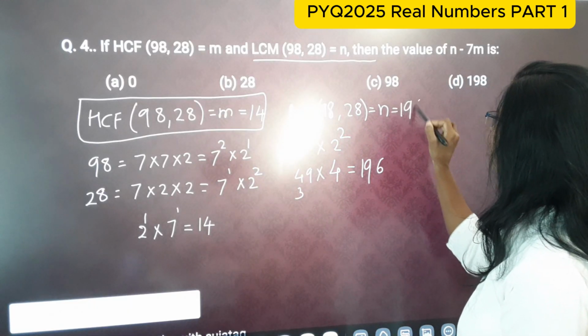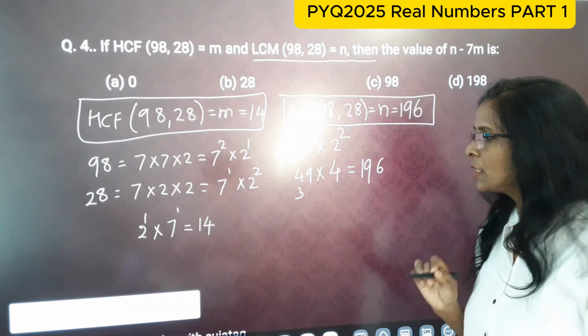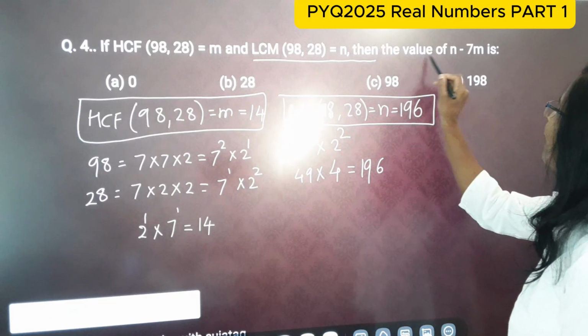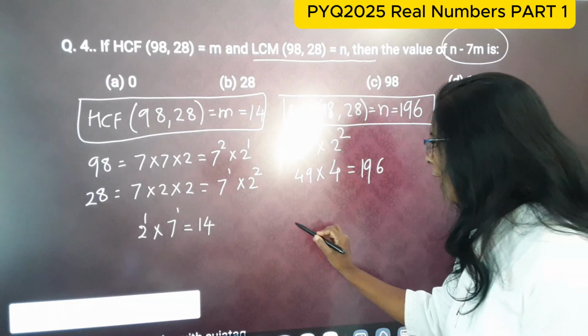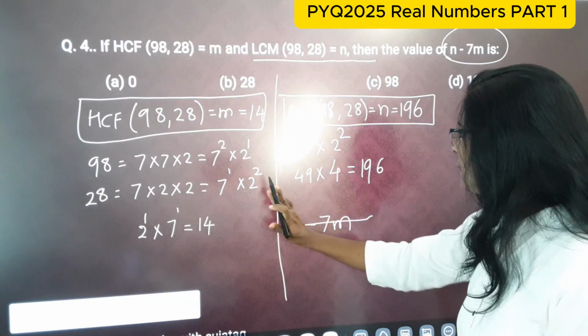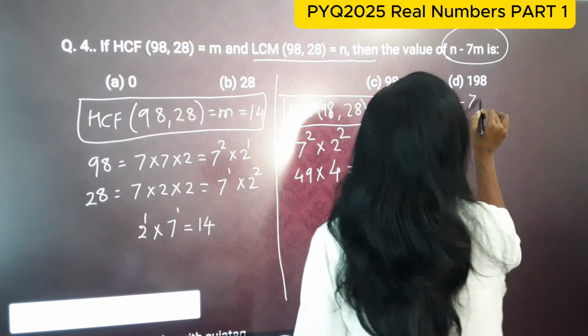So here the value of n is equal to 196. So LCM is 196 here. Okay students, now we have to find out the value of n minus 7n.